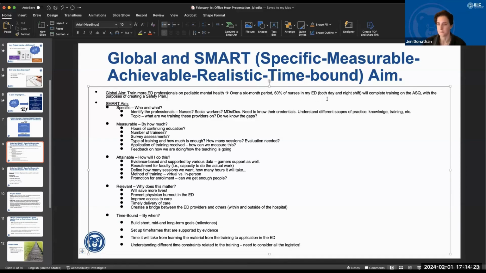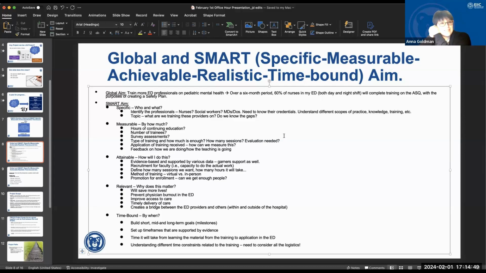I like it. And we can measure by reviewing charting documentation, one way we can assure that this was done. We can see how many patients received this screening by whether or not it was documented.